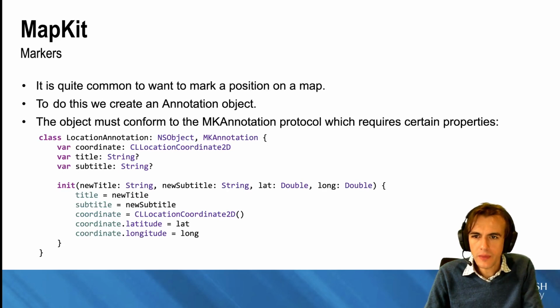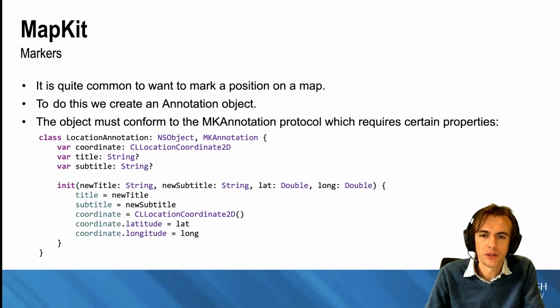One of the common things that we might want to do is add markers or pins to a map. These are done via an annotation object, and if you want to display any kind of annotation, you can create your own classes for doing this, and your classes need to conform to the MKAnnotation protocol in order to be shown on top of a map view.